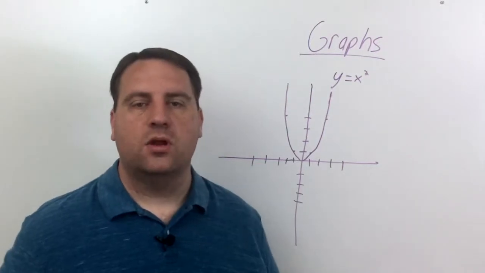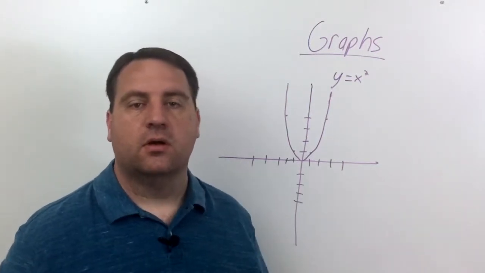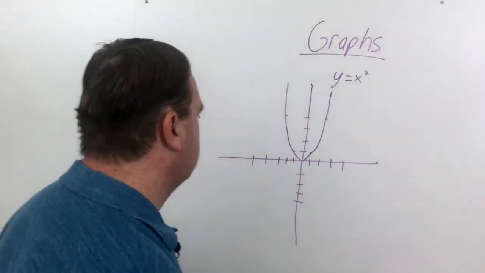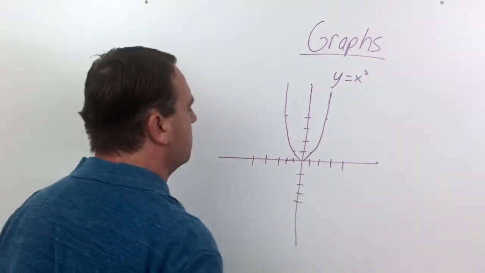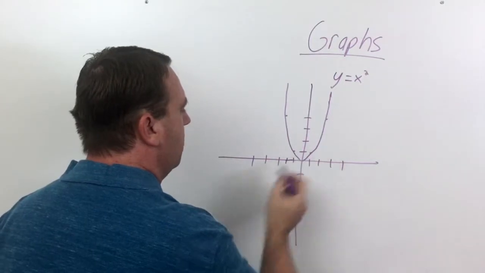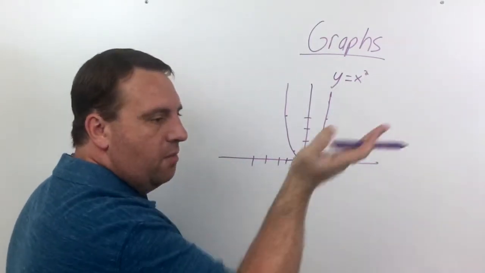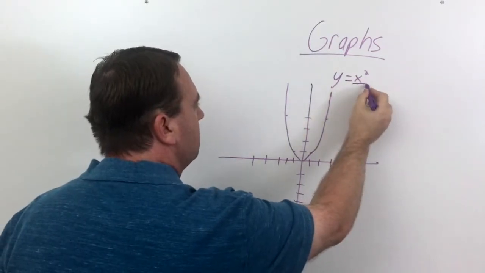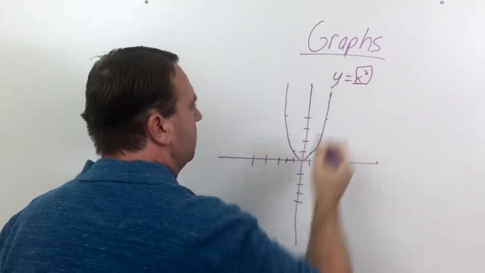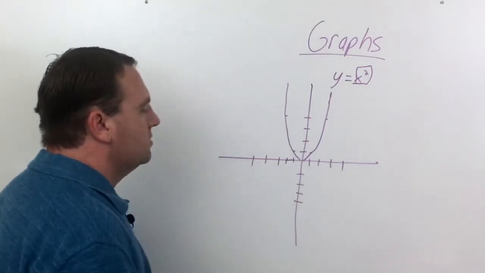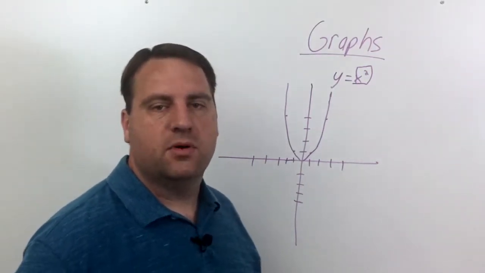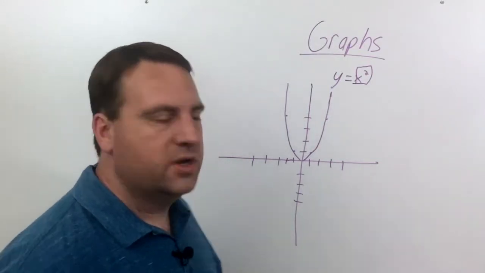Now let's say that I wanted to move that graph up one space. How would I do that? Well, if you think about it, what I really want to do is I want to take every point on here and move it up one. Well, where does the point come from? The point comes from this function, x squared. So if that is the output of the function and I want to move the output up one, what should I do?